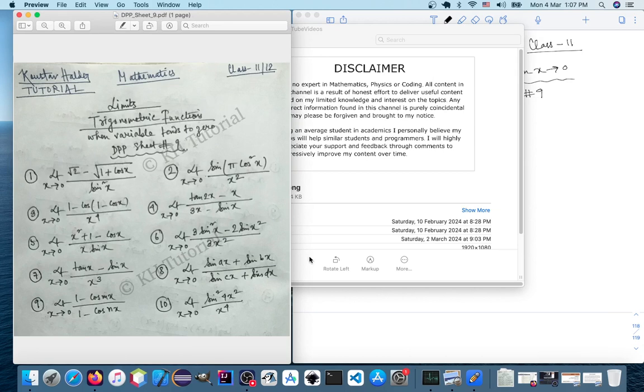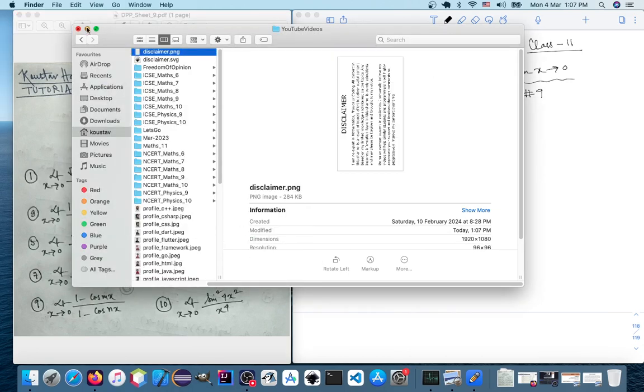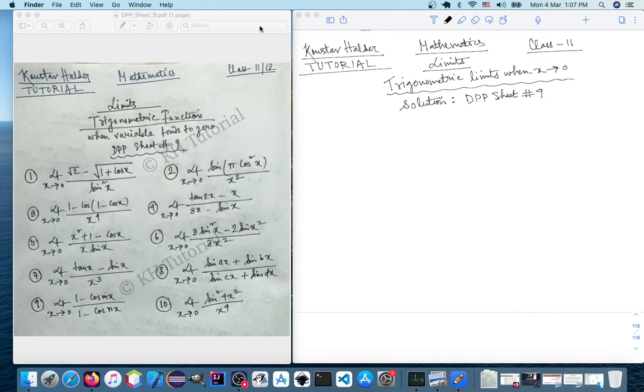Okay, so on the left hand side, I've opened the DPP sheet. So let's solve the problems. The first problem is limit x tends to 0, root 2 minus root over 1 plus cos x divided by sine square x.